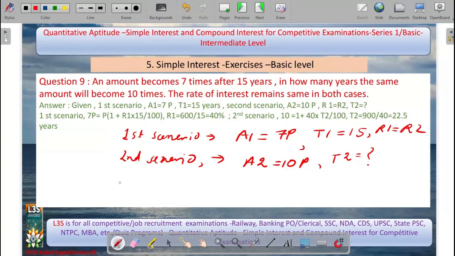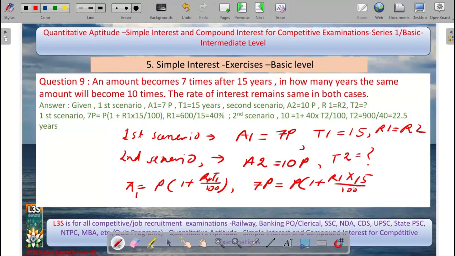So in the first scenario, we take the equation A is equal to P1 plus RT by 100. So this will be A1, R1, T1. So A1 is equal to 7P is equal to P1 plus R1 into 15 by 100.